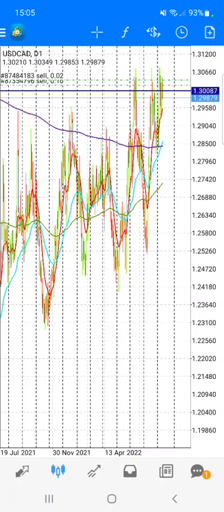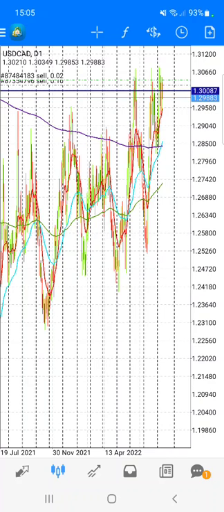It's at 1.30087, and I've just said it was previously a very strong demand that turned into supply, has not been retested for a while, and now the market is there.